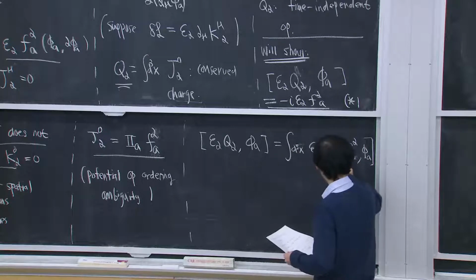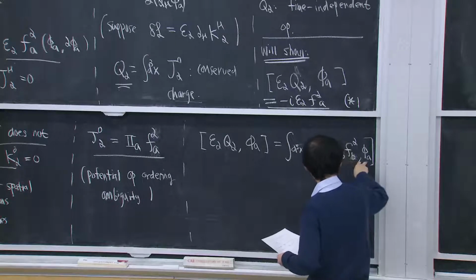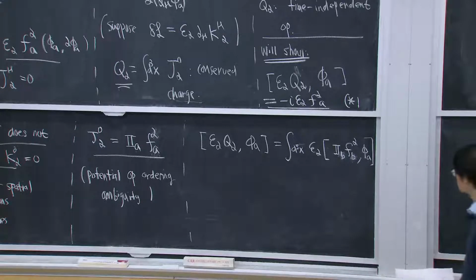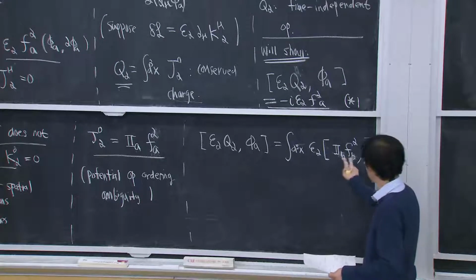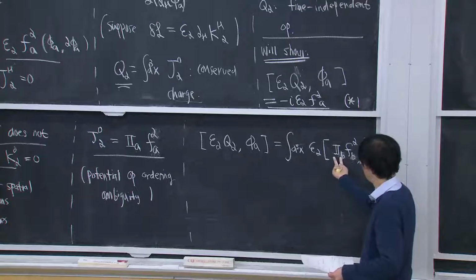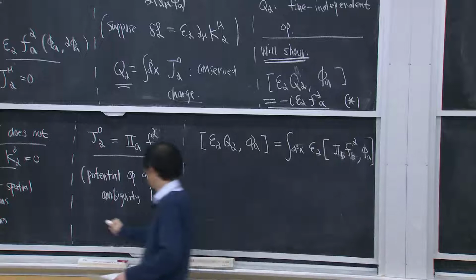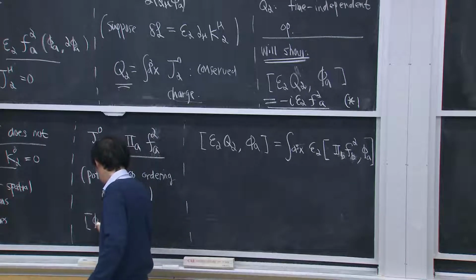Now you can use the commutation relation between the momentum density and phi.